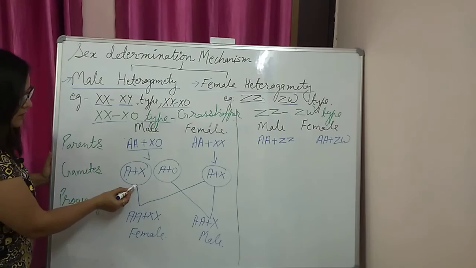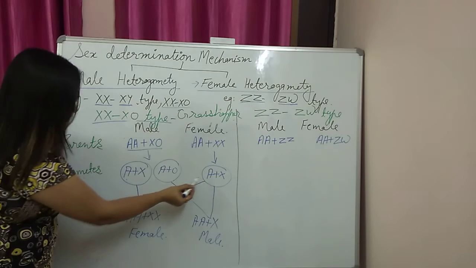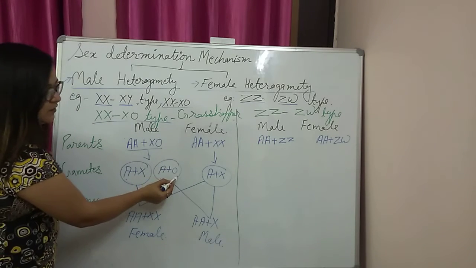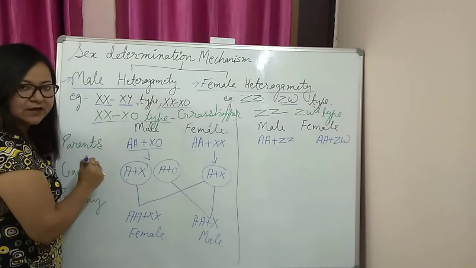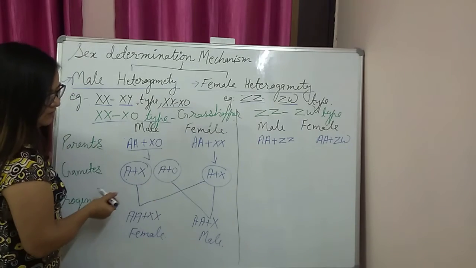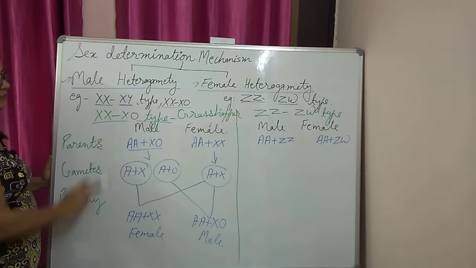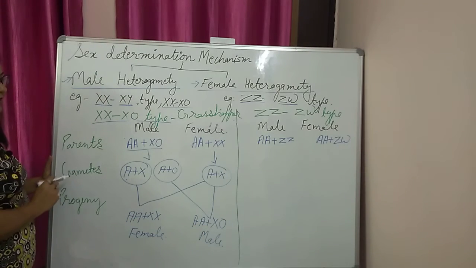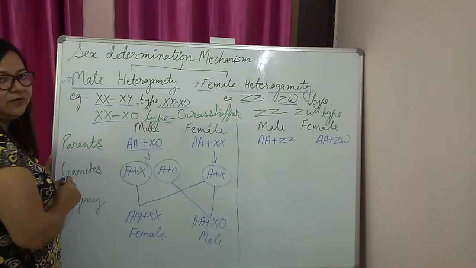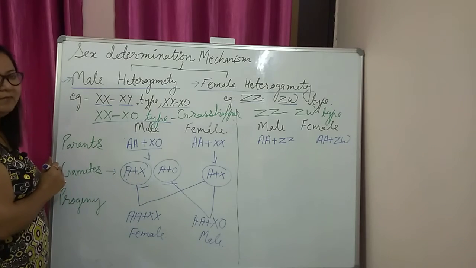The sperm which receives the X chromosome, if it fertilizes the ovum, will form a female, but the sperm which does not get the X chromosome, when it fertilizes a female gamete, will form a male. This kind of inheritance is present in the grasshopper. This is male heterogamety, where we get two different types of gametes from the male.